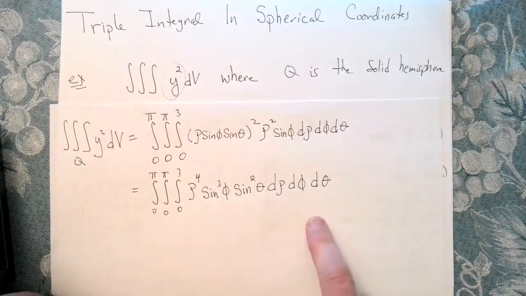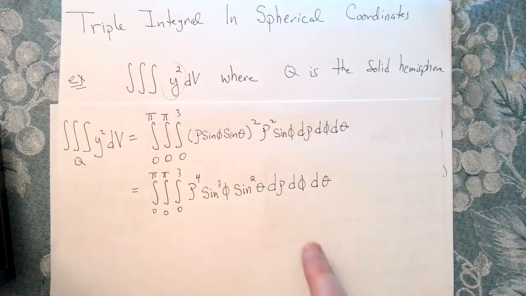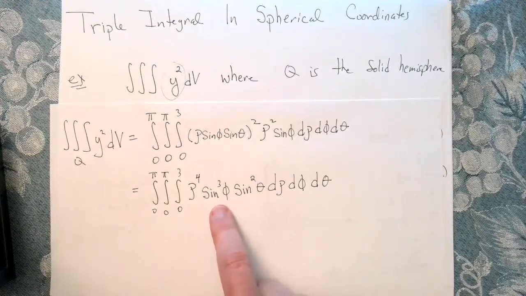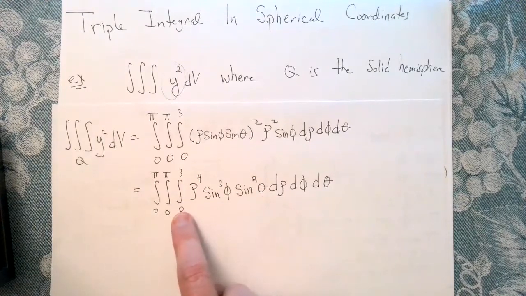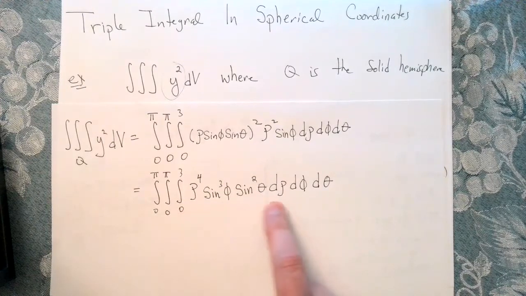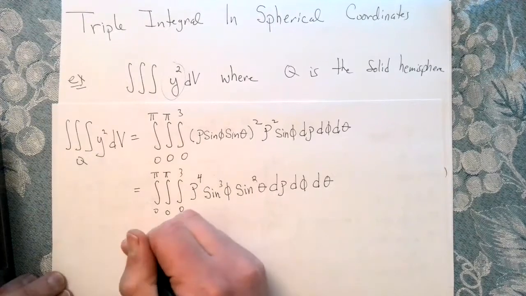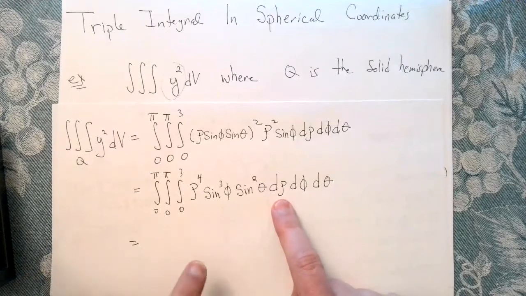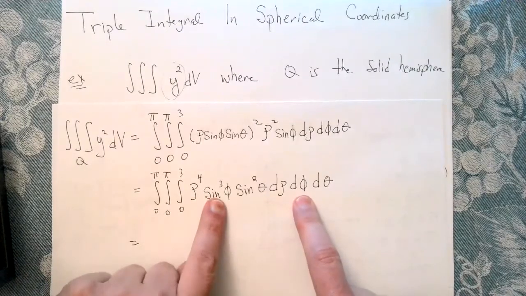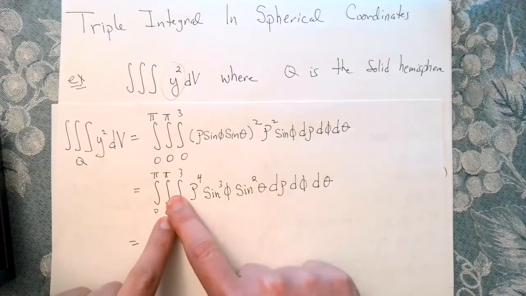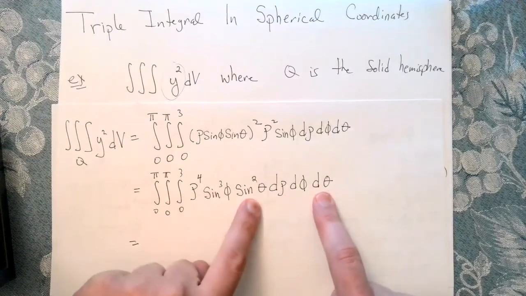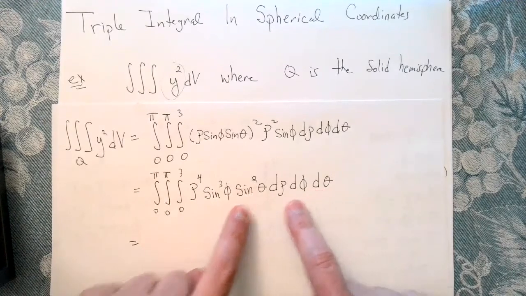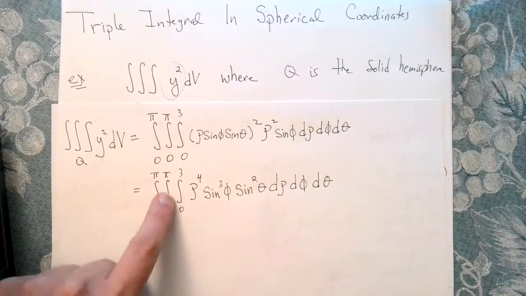And we can start to split this up because, for example, with the rho integral, there's no phi or theta dependence in the rho integral. There's no mention of phi or theta. So I can start to factor this out. Okay, so in front of the rho integral, I can factor out d phi, sine cubed of phi. That can be factored out in front. And then for theta, I can factor sine squared of theta d theta in front of both the rho integral and then the phi integral and bring it out here.